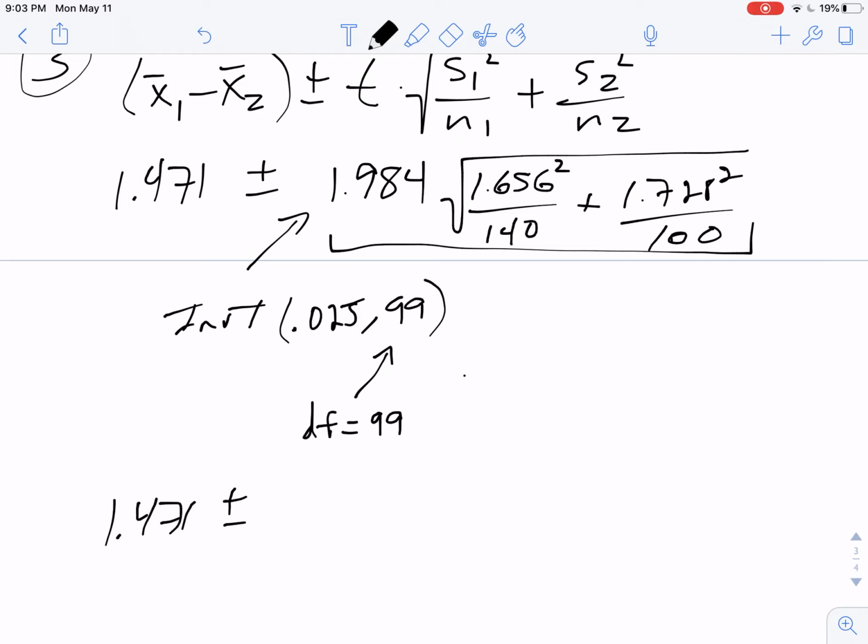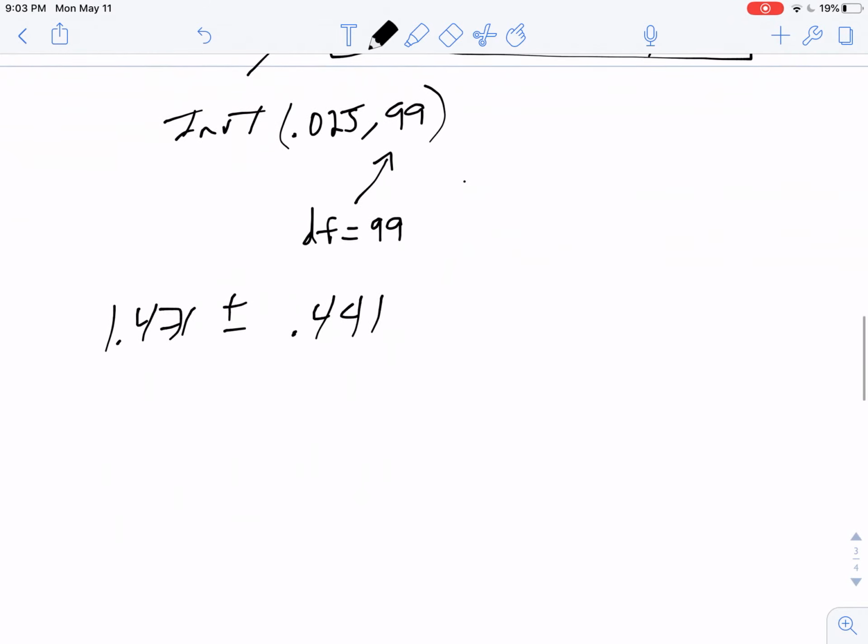I'm going to put all of that into my calculator, and I end up with a margin of error of 0.441. So then my interval will be 1.030, comma 1.912. So a difference between roughly 1 to 2 points for the animal research rating was what you would estimate to be that difference between females and males.